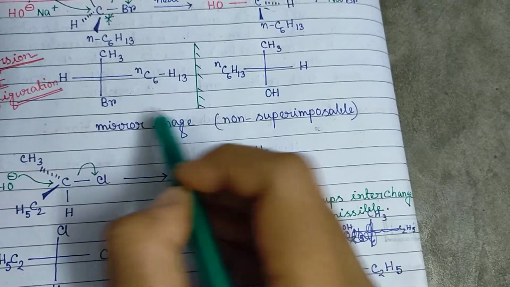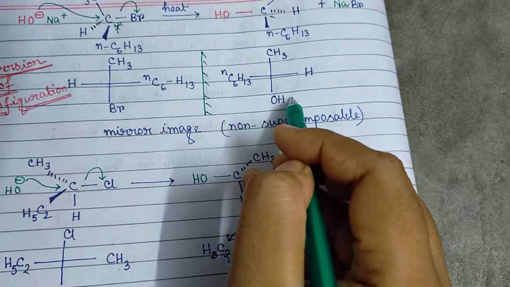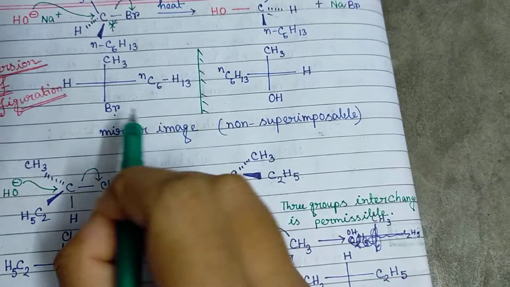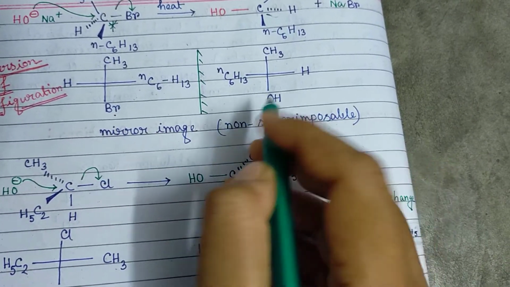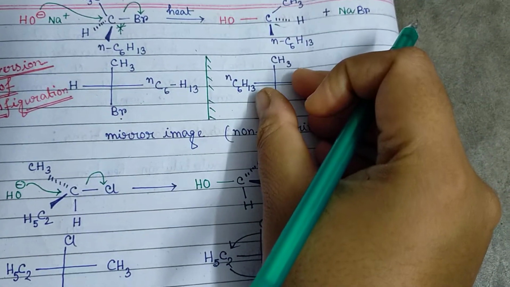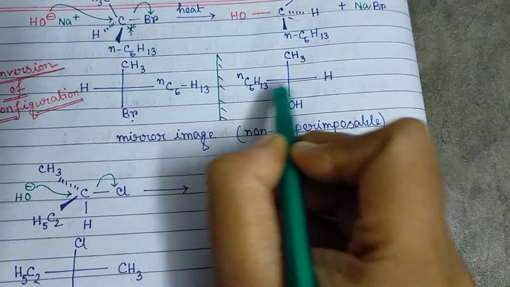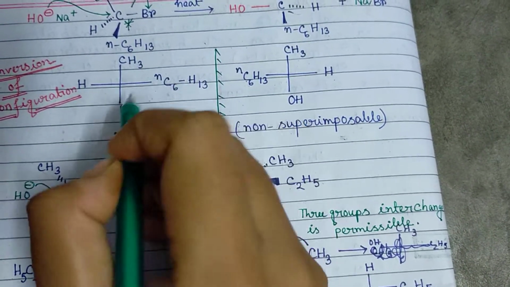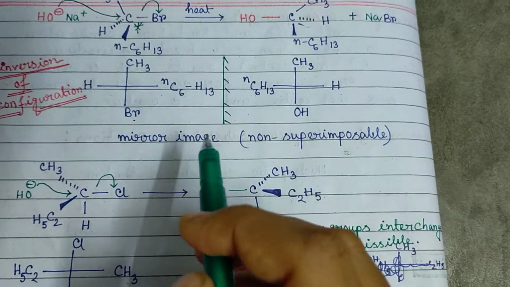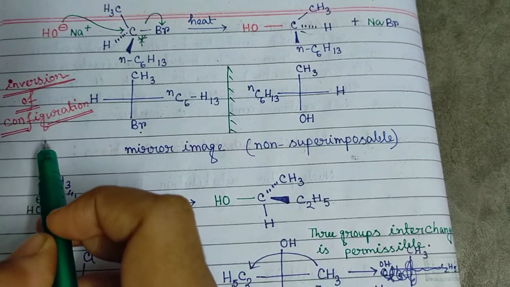If we put a mirror in front of the reactant, then we can have the product, where the bromine has been substituted by OH, and these two mirror images are non-superimposable. That means if we try to take this molecule and put it on this, then we can see that these groups are not matching. So this means they are non-superimposable mirror images, and this is the result of inversion of configuration.